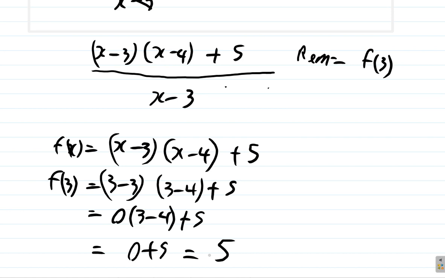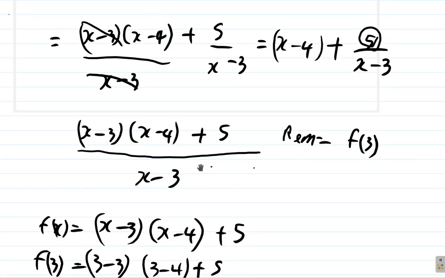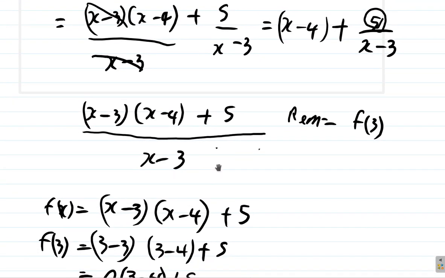So the remainder is indeed 5. So you see that? The remainder here is 5. Now, it shows evidence that the remainder theorem is not lying. It is true.